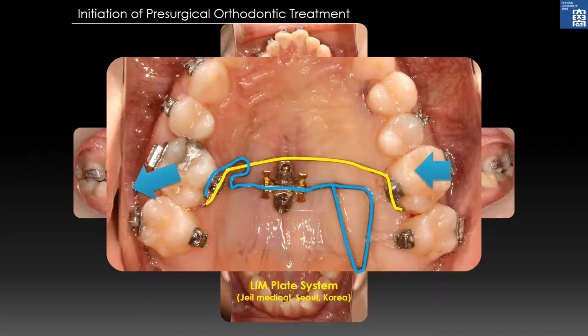Transpalatal arch was placed to move the left first molar lingually. Also, elastomeric chains were applied from the palatal lever to the left molars for intrusion and lingual movement. Left first premolar was extracted to retract and tip the maxillary incisors lingually.